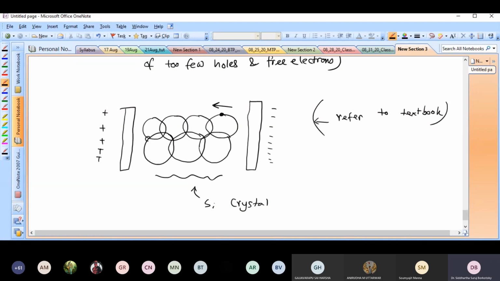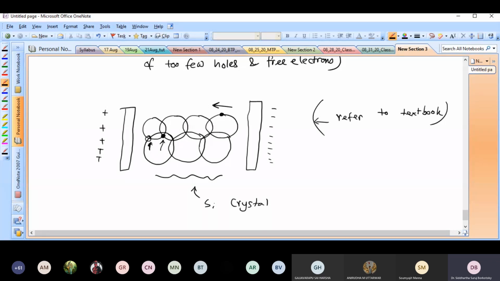So suppose there is a hole in here, and there is an electron in here. An electron, if it's at this position, tries to move in the left direction and merge with a hole. When it moves from here to here, at its original location a hole is produced, right?